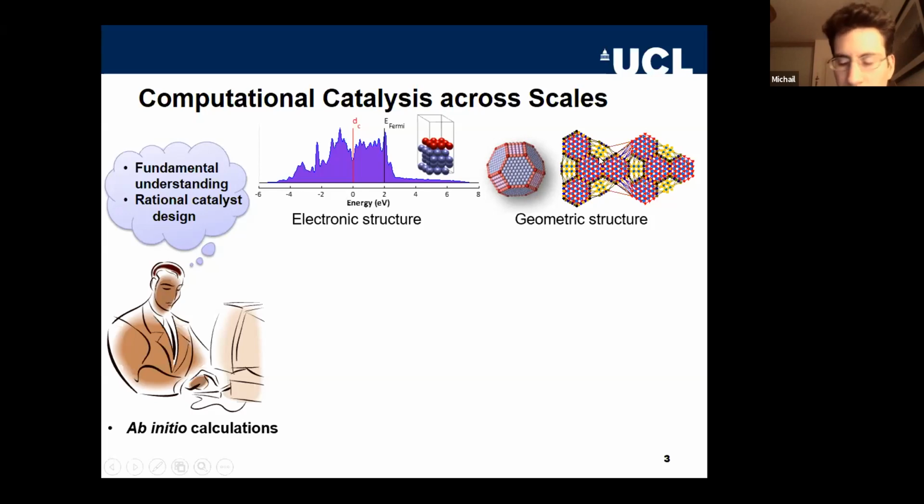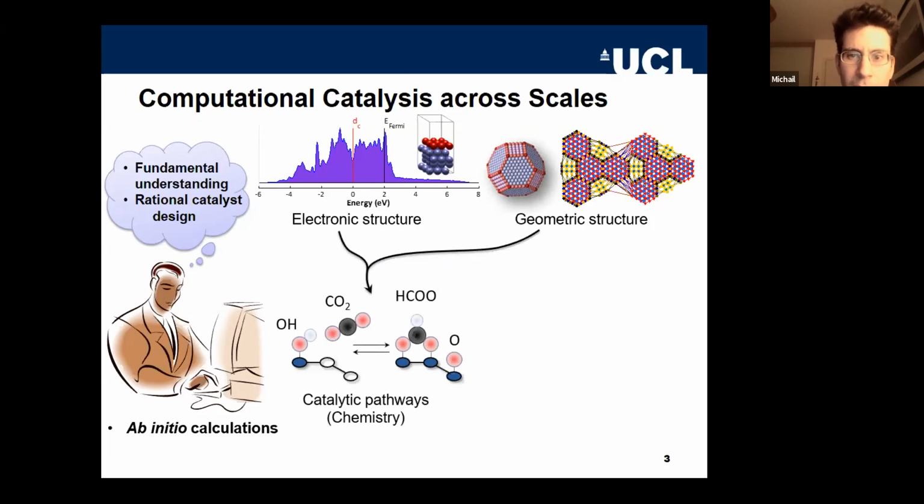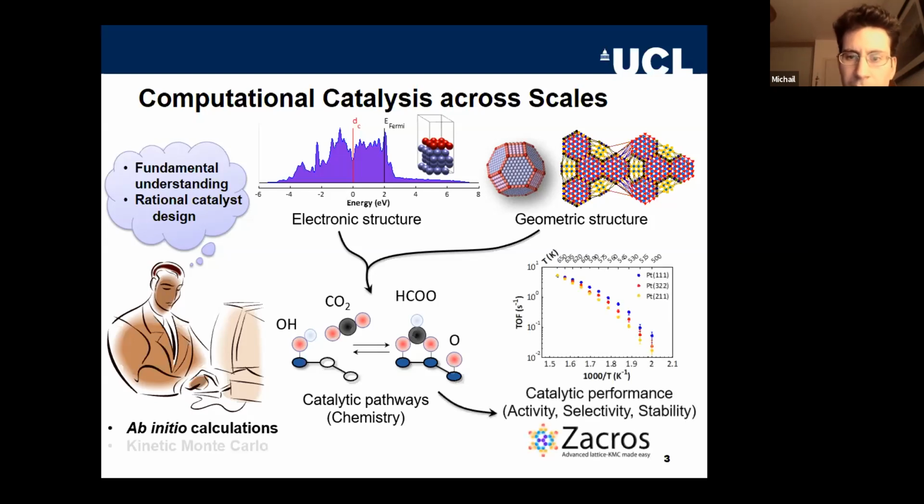So once we have this information from density functional theory, we essentially compile large data sets of the catalytic pathways that are possible for a certain material. So we investigate essentially the underlying chemistry of our catalytic process. So we calculate rates of reactions from transition state theory, and then we give these rates as input to kinetic Monte Carlo simulations primarily.